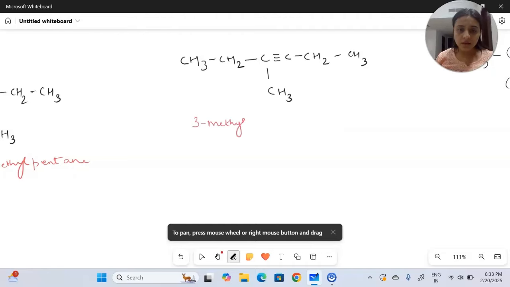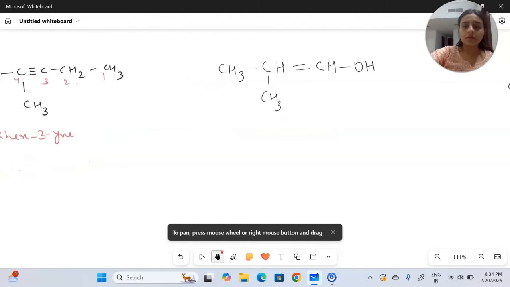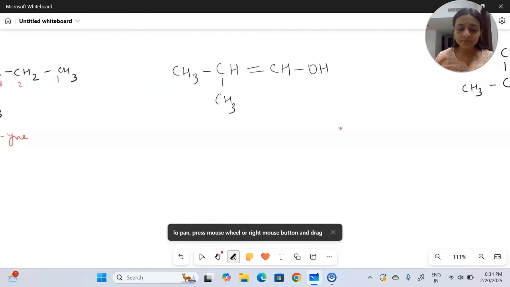3-methyl, and in the chain you can see how many carbons are there? 6 are there. So 3-methyl, and there is 1 triple bond also, hex-3-yne. Now what about this one? You can see how many? 1, 2 and 3.